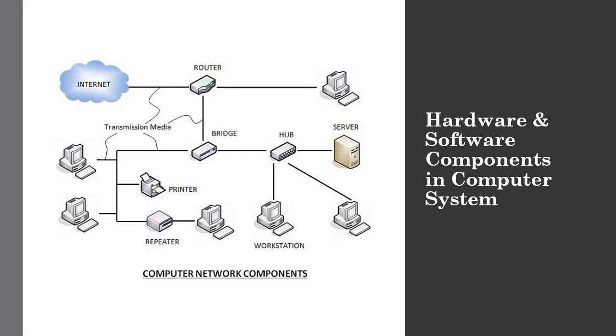A computer network system is made up of hardware and software, with protocols that allow a set of computers to be networked. Computers need networking hardware in order to connect to each other.